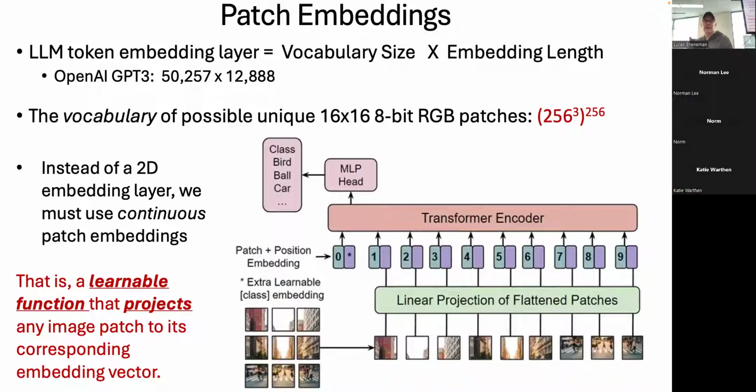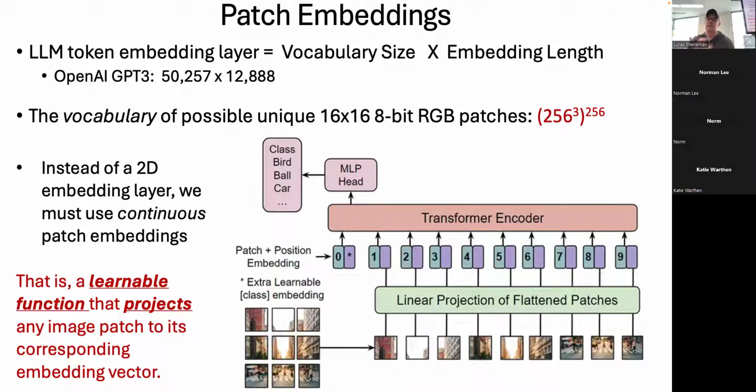But in patch embeddings, the vocabulary of possible 16 by 16 8-bit patches is some crazy big number. There's no way for you to have a discrete embedding layer. The vocabulary is too big; there are too many unique patches. So what you have to do is create what they call a continuous embedding. A continuous embedding is really just a function.